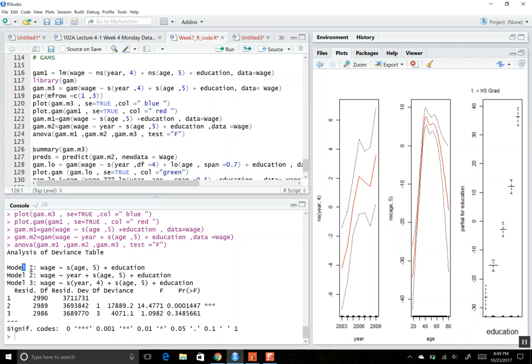So if we look only at age and education, and we go to the next model, a linear relationship between year, age, and education, it seems like that difference is significant. Whereas moving up from a linear relationship between year, age, and education, to a splined year, splined age, and education, that difference is not significant.